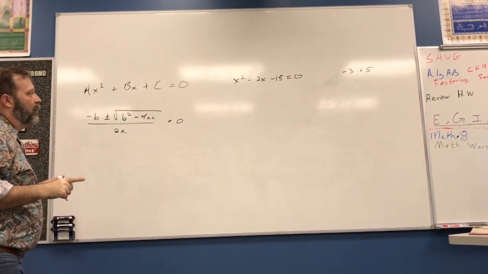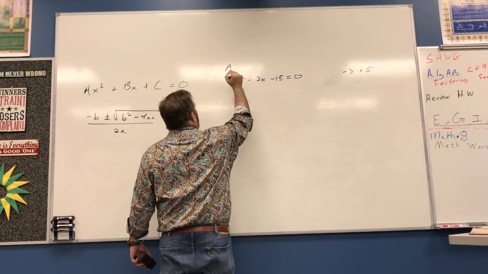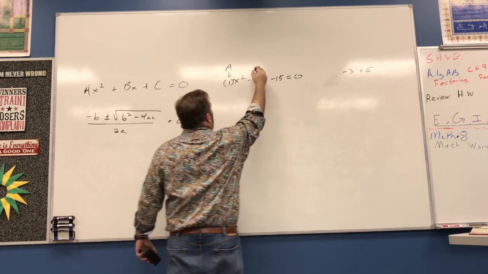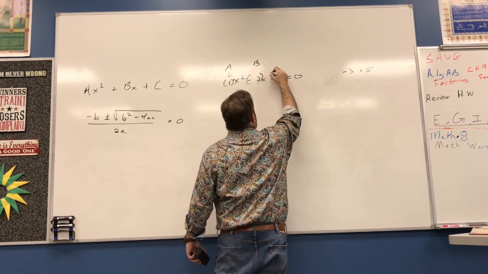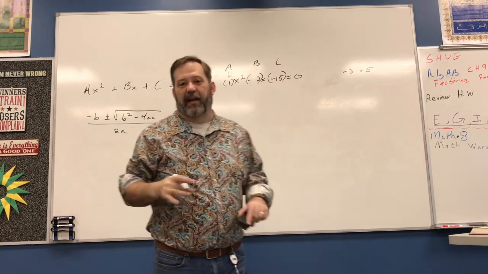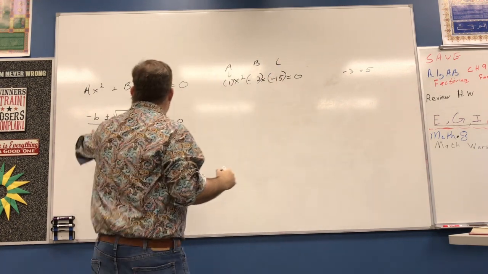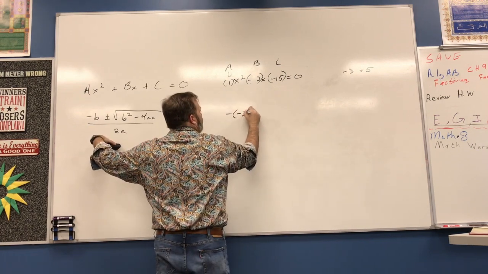What we're going to do is take these values. My a value is right here, which is 1. My b value is -2, and my c value is -15. So we include those negatives in front. And we're going to put it in this form. I need the opposite of b. b is -2, so I'm going to put 2.